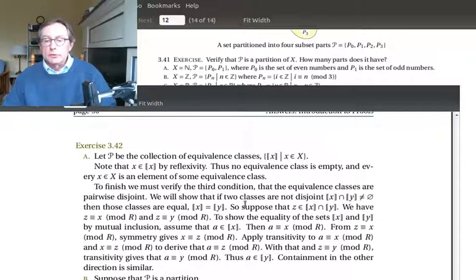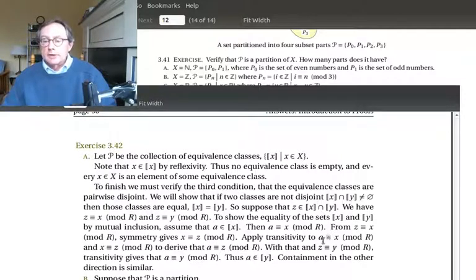Okay, so I have to use the information that I have so far in order to show that A is an element of [Y], and I spot it down there. If A is an element of [X], then A is equivalent to X mod R. Because Z is equivalent to X and also Z is equivalent to Y, we're able to swing from A to X to Z to Y. So here we go.